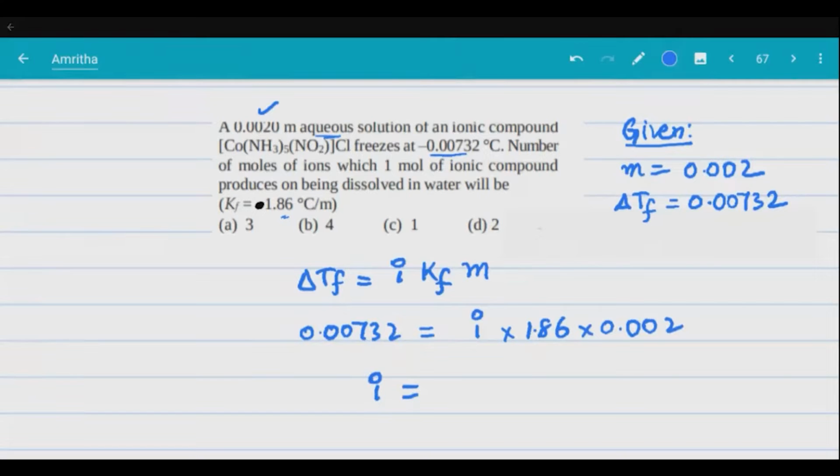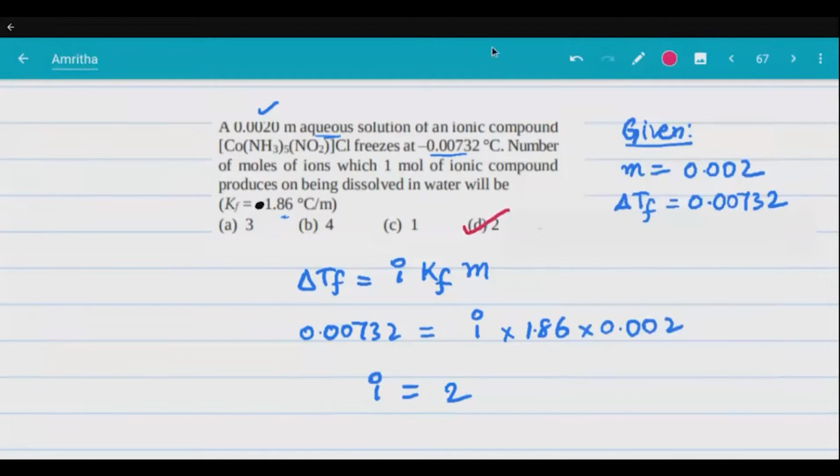Everyone is getting the same? Just check the calculation. Everybody should get the same answer, no? Is it multiple of 186 and 732? Yes, right? Almost 4 times, you can take. 186, 732, nearly 4 times. So this should be equal to 2.